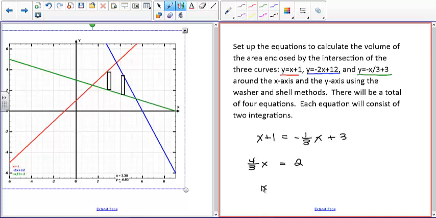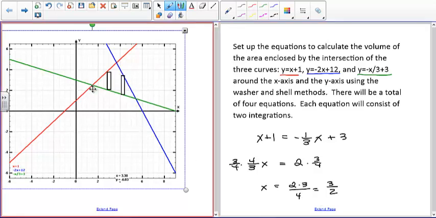And then you'll multiply by the reciprocal of 4/3, which is 3/4. So it's 2 times 3 over 4, which is 6/4, which is 3/2. So that's the x value.